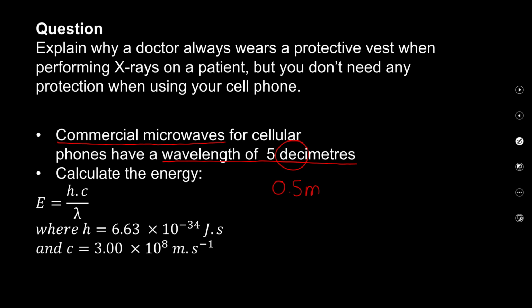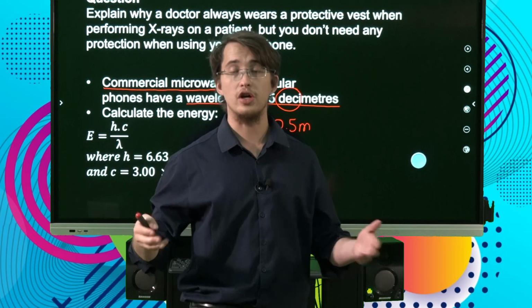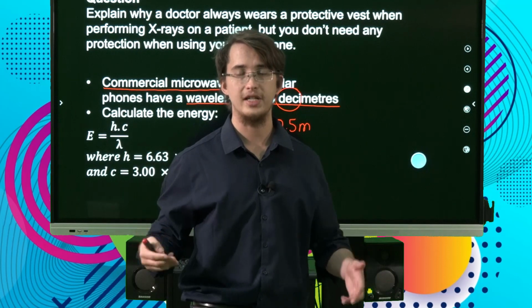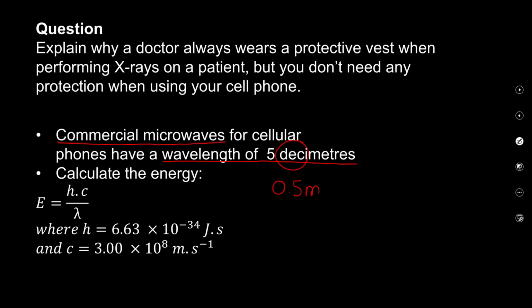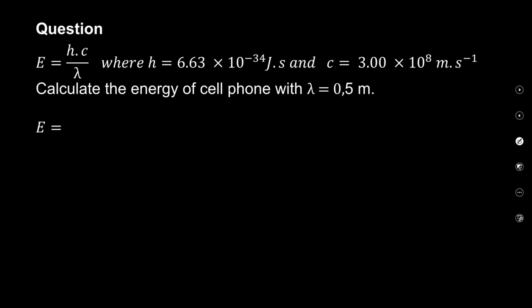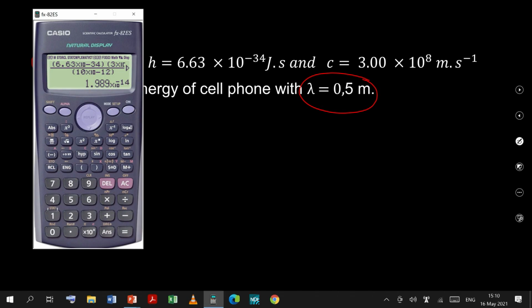So now that we have our numbers, we can start to do a calculation, can't we? Let's go. We're using the same formula again because we do not have the frequency of the cell phone electromagnetic radiation for this particular question. Again, we only have its wavelength. So, just as before, we need to make use of our calculator.